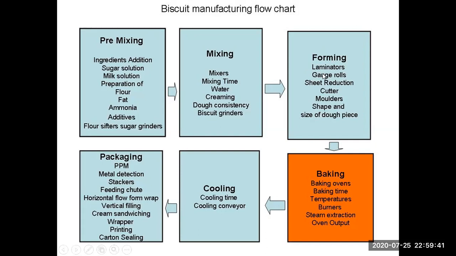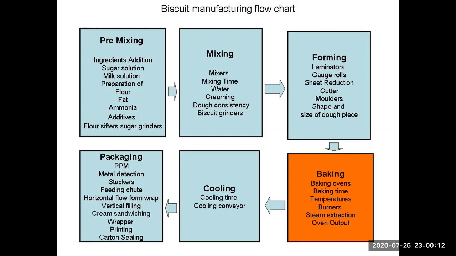And forming uses some equipment, for example, laminator, gauge rolls, sheet reduction, cutter. These are all the names of equipment that will be used for the forming process. Then your biscuit goes for baking, then it will go to the cooling channel, and after that it will go for packaging. Here are some things that are used for packaging, for example, metal detectors, stickers, print sandwiching, wrapping, printing, carton sealing.